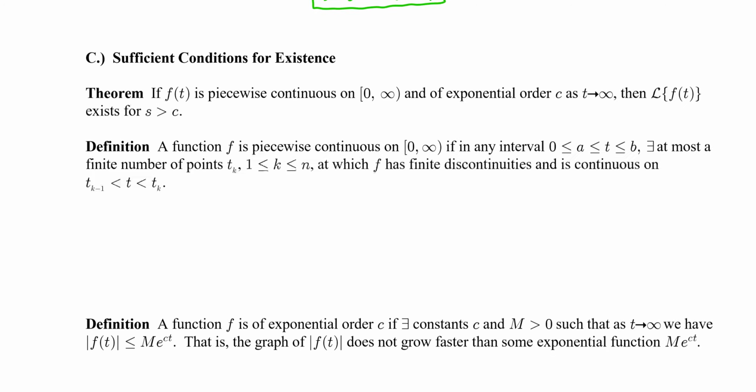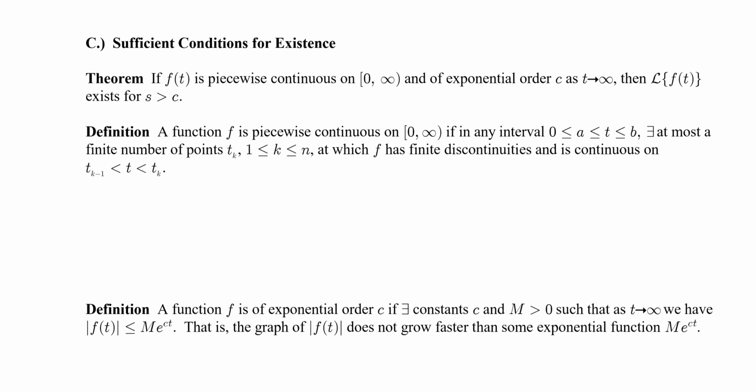All right, let's move on to talking about when do we know a Laplace transform exists. We will briefly discuss the necessary and sufficient conditions for the existence of the Laplace transform. We're going to learn a couple of new definitions here. Here's the theorem.